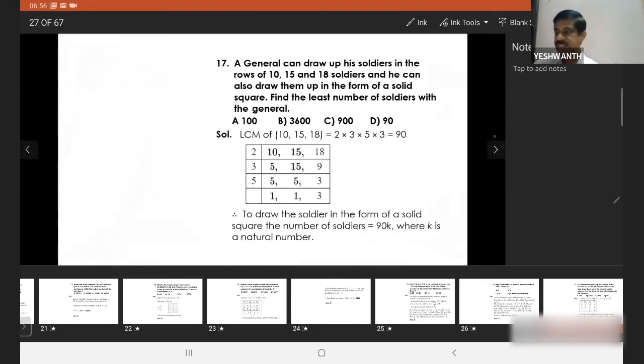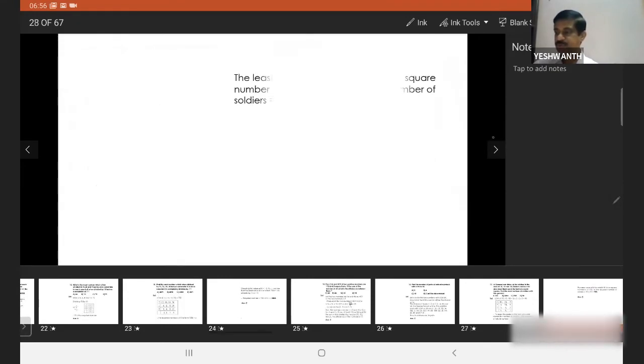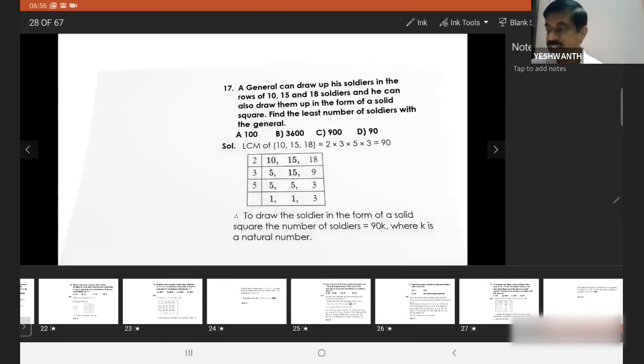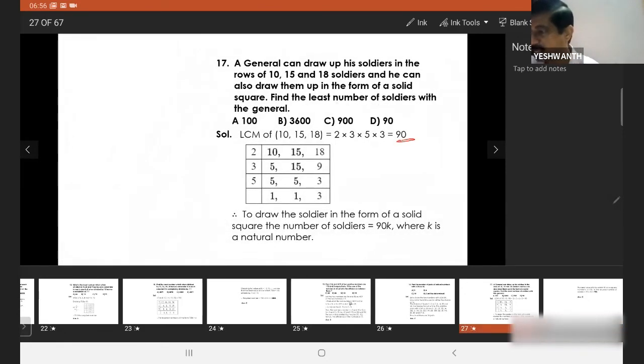So option is D. Okay. But he said it is a square also, right? Find the least number of soldiers with the general, but that multiple of 90 should be a solid square. Means 90 is the smallest number, but it should be a perfect square.